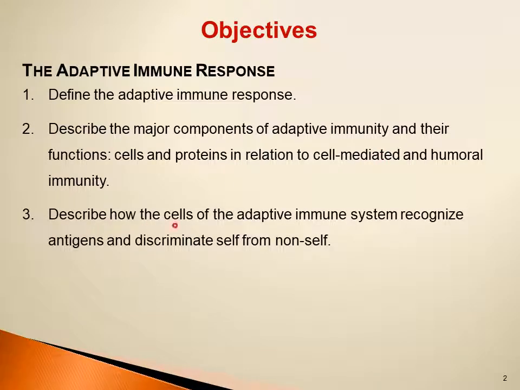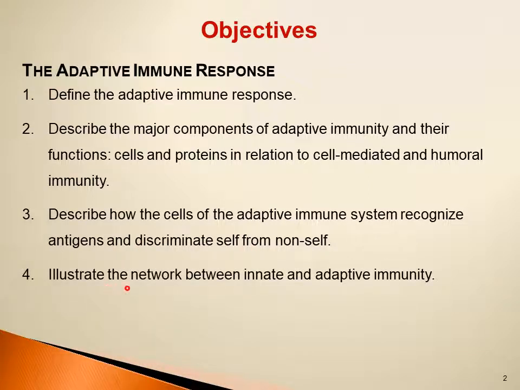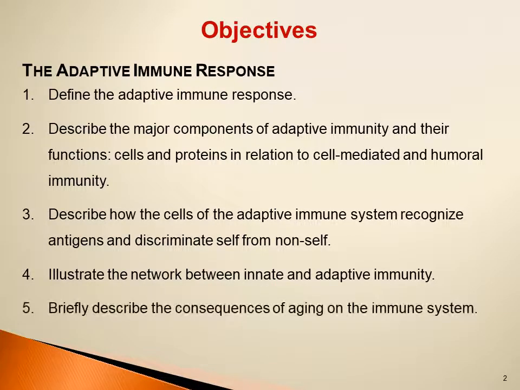Then to describe how the cells of the adaptive immune system recognize antigens and discriminate self from non-self. And then to illustrate the network between innate and adaptive immune responses. And finally, to briefly describe the consequences of aging on the immune system or the immune response.